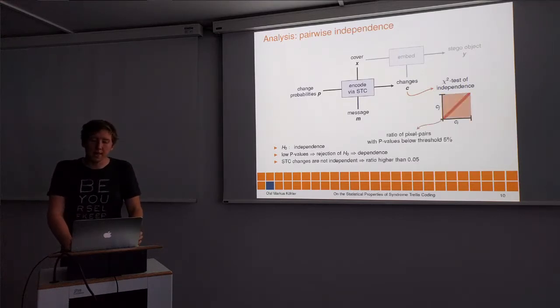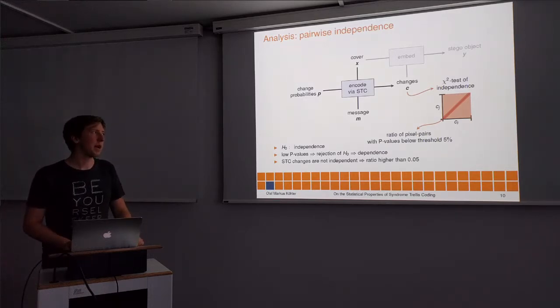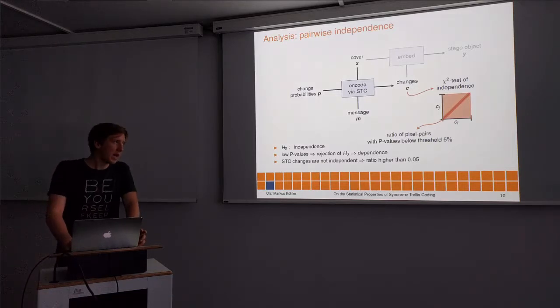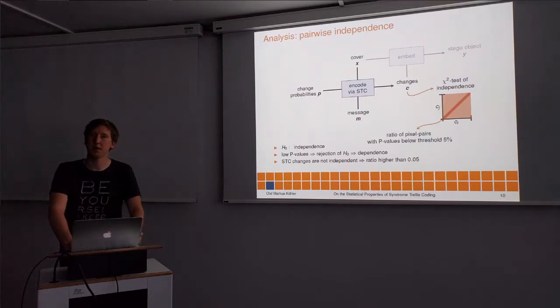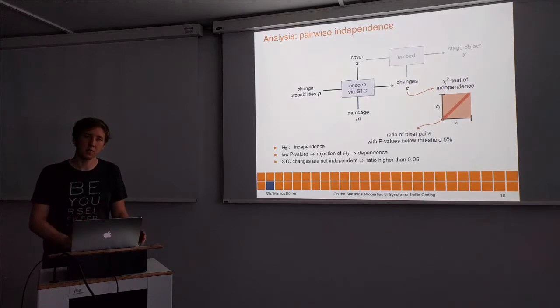Okay, to aggregate this, we calculate the ratio of low p-values, in the sense that we just decide on a threshold of 5%. And then we just calculate the ratio of pixel pairs that have a p-value below this threshold. So we expect simple Trellis coding to include dependencies just because we have this fixed coding construction. And thus we expect to see a ratio above 0.05.